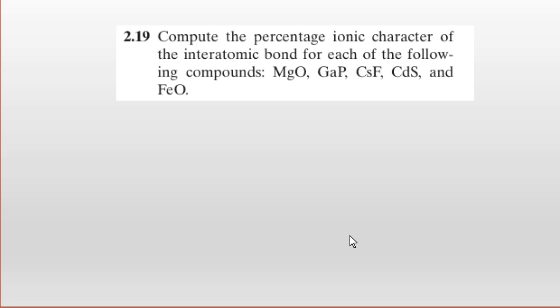For example, let's compute the percentage ionic character of the interatomic bonds for each of the following. With MgO, we are looking for the percentage ionic character.